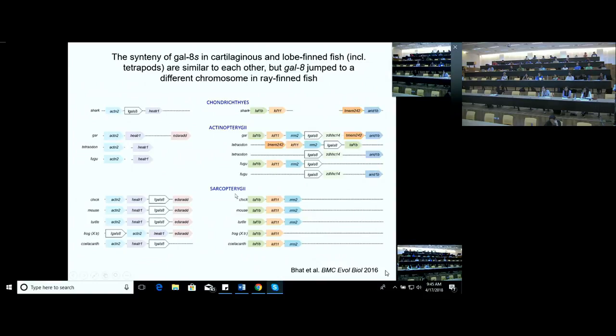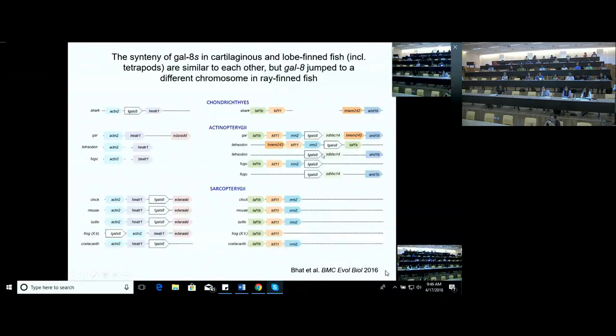Okay. In the case of the ray-finned fish, there's been a jump of galectin-8 to a different chromosome. And that other chromosome doesn't have a galectin-8 in tetrapods or in cartilaginous fish.